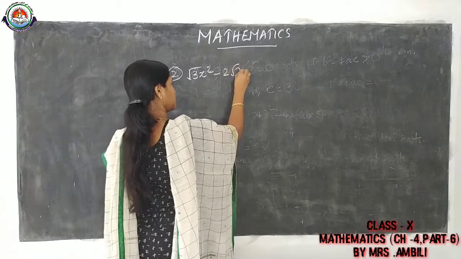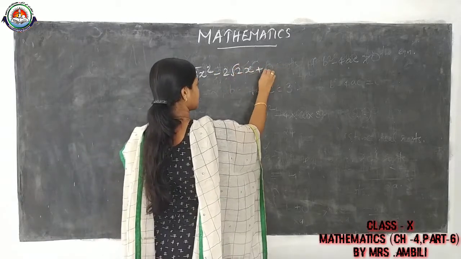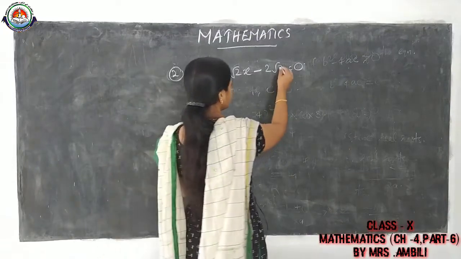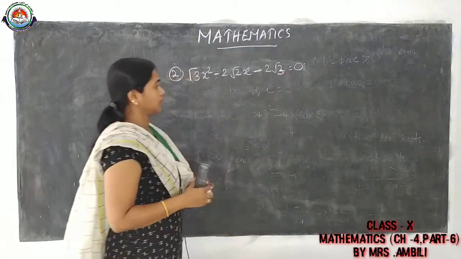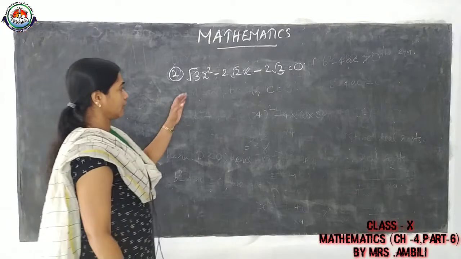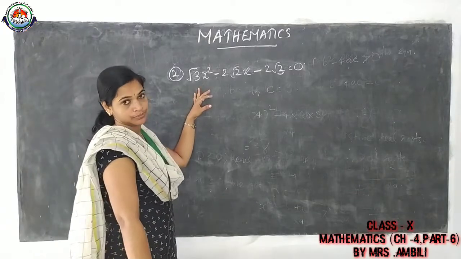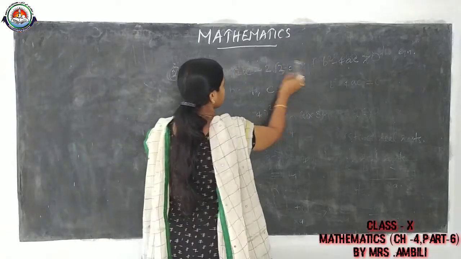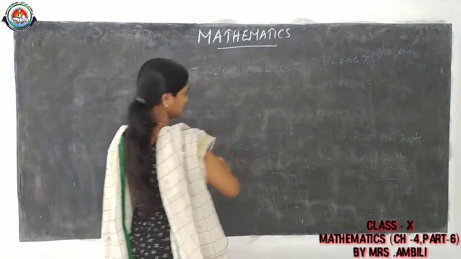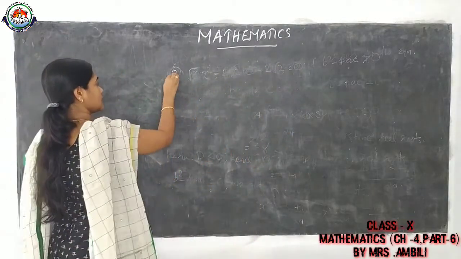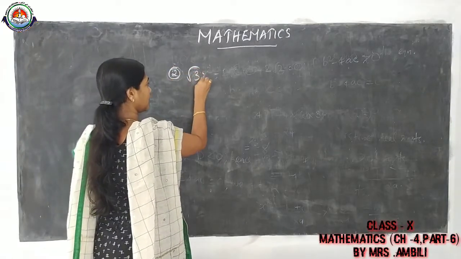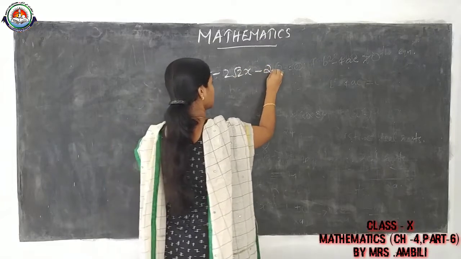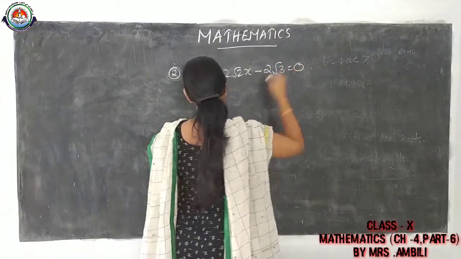Then write the second question. Root 3x square minus 2 root 2x minus 2 root 3 equal to 0.